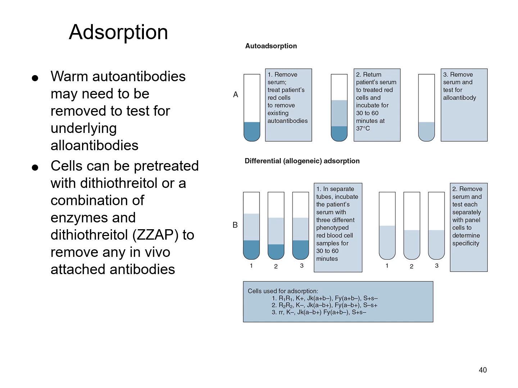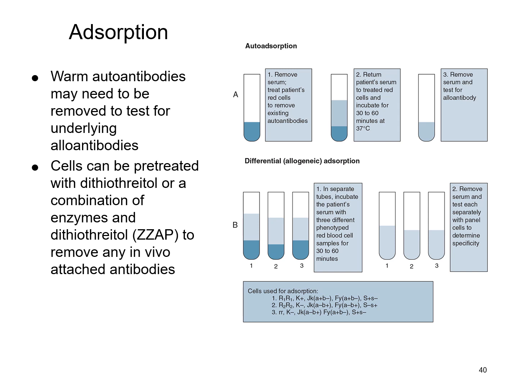Then you will return the patient's serum to those treated red cells, and you'll incubate it for an extended period of time. What you're doing is allowing those antibodies, if they're present, to attach to those red cells, so that when you remove that serum, you're hopefully removing everything but those autoantibodies, because hopefully they're attached to the red cells by now.